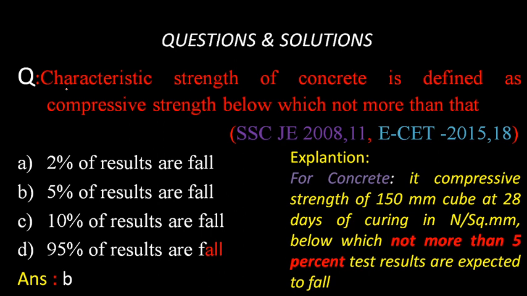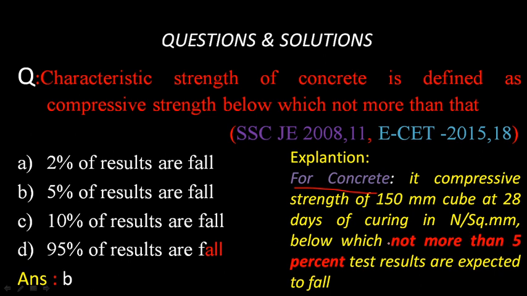The first question is, the characteristic strength of a concrete is defined as the compressive strength below which not more than what percent of test results are expected to fall. It is the compressive strength of a 150 mm cube at 28 days curing in Newton per mm square.